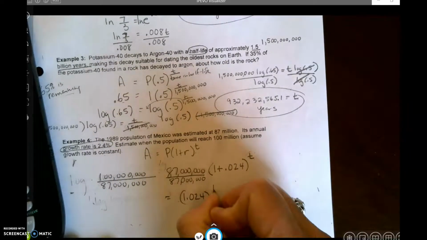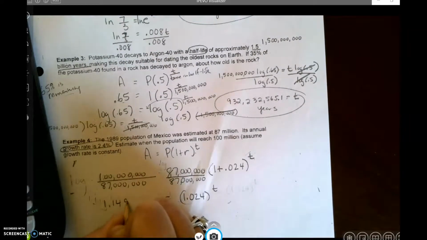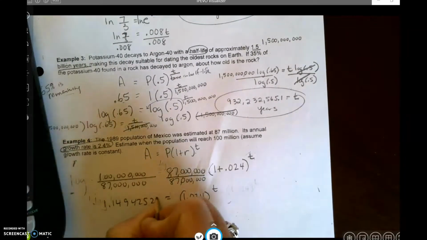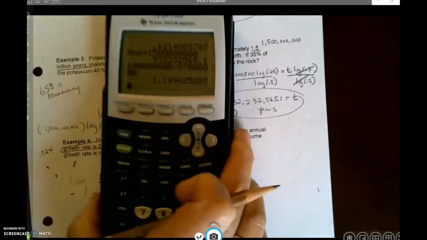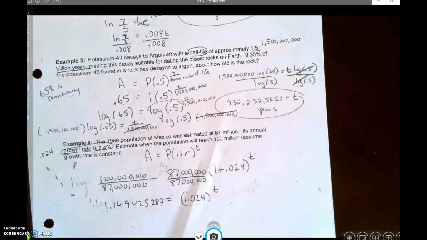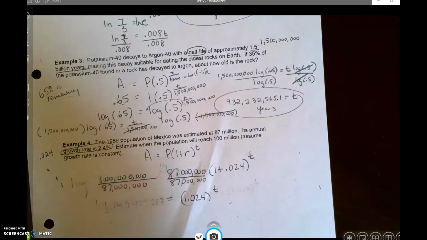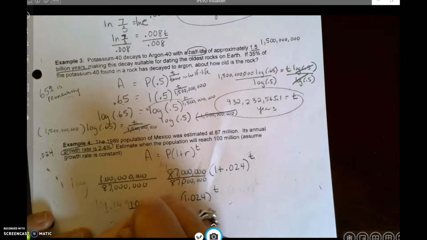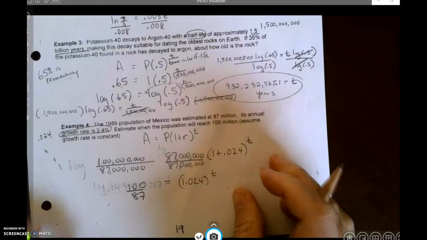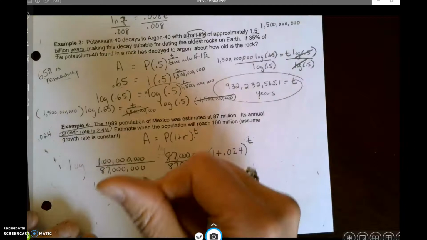1.024 to the t equals 1.149425287. I don't think this is going to convert. Oh, it did. 100 over 87. Of course it did. 100 over 87 equals 100 over 87. All right. Now I can take the log of each side.